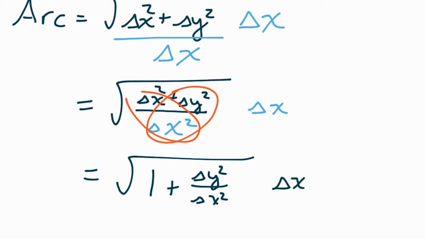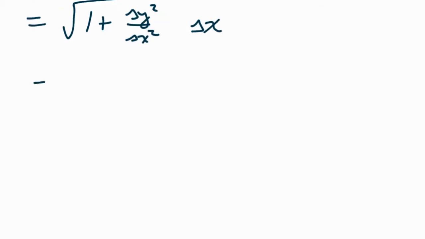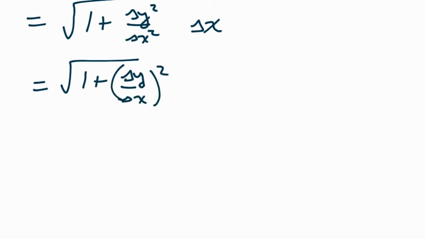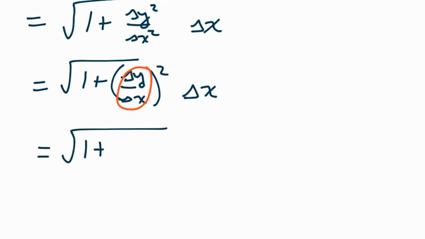And why would we do that? So we can pull the square out of our change in y over change in x. And why would we do that? Well, we're almost at the heart of the answer, and that is we end up with the change in y over the change in x. Now, where have you heard the change in y over change in x before?